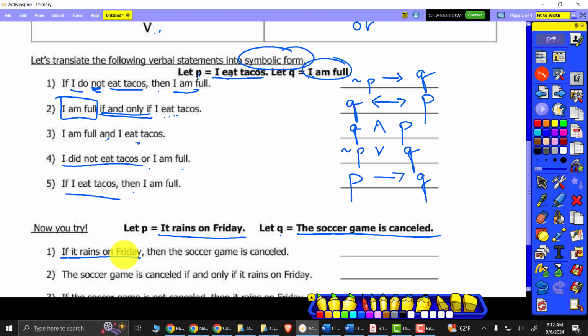That's exactly your P. Then, it will be this symbol. So we have an if-then statement. The soccer game is canceled, so exactly your Q. So you will have your conditional statement if P then Q.